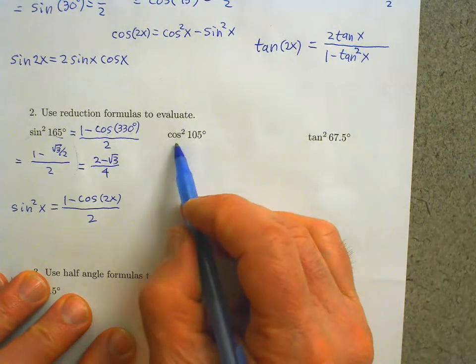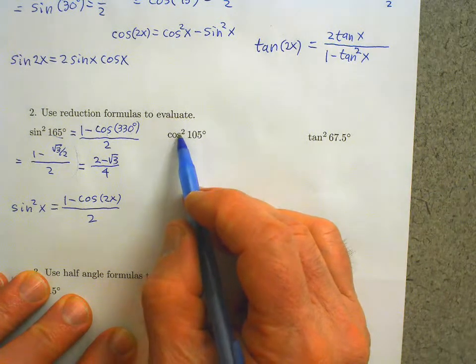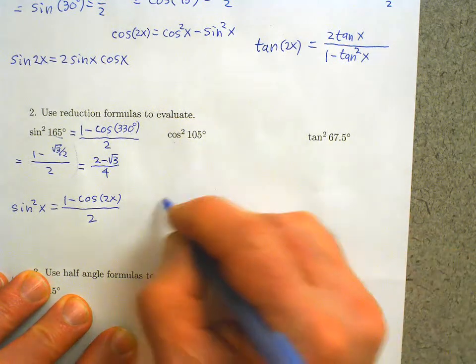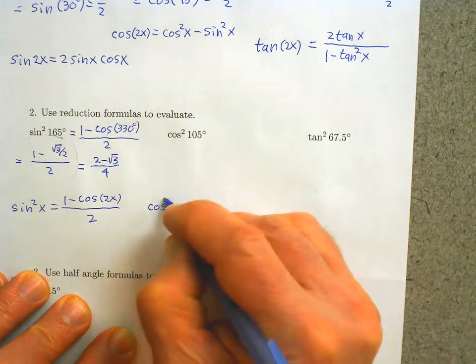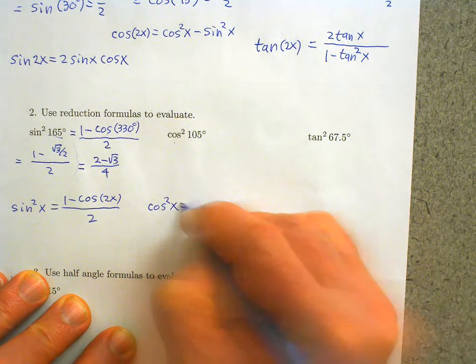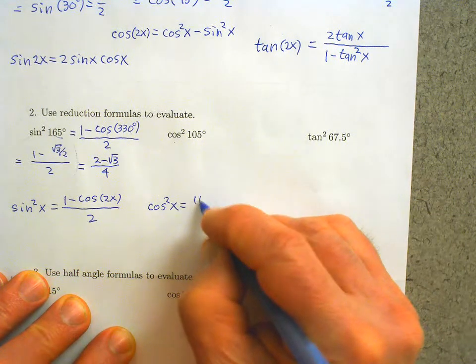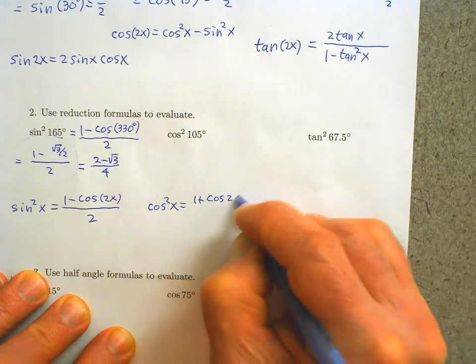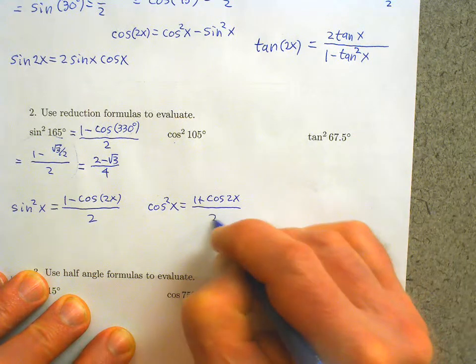Okay, the reduction formula for cosine squared. So cosine of x squared is 1 plus cosine of 2x divided by 2.